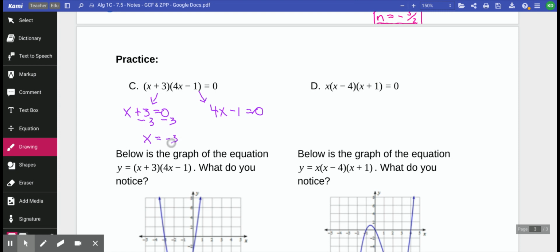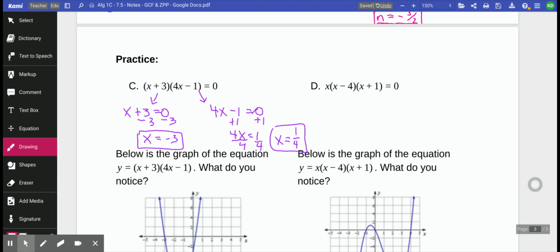This first one, if I subtract 3 on both sides, we're going to get x equals -3. The second one is a two-step equation, right? I'm going to add 1, get 4x equals 1, and then divide by 4 on both sides, and I get x equals 1/4.